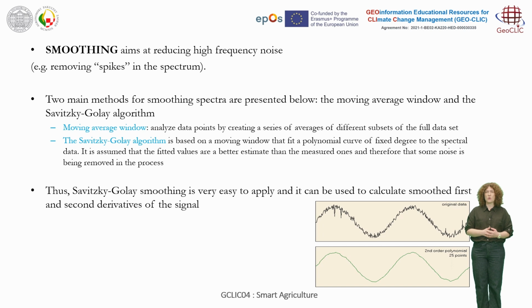The Savitsky-Golay algorithm is based on a moving window that fits a polynomial curve of a fixed degree to the spectral data. It is assumed that the fitted values are better estimates than the measured ones, and therefore that some noise is being removed in the process. Savitsky-Golay smoothing is very easy to apply and can be used to calculate smoothed first and second derivatives of the signal together.